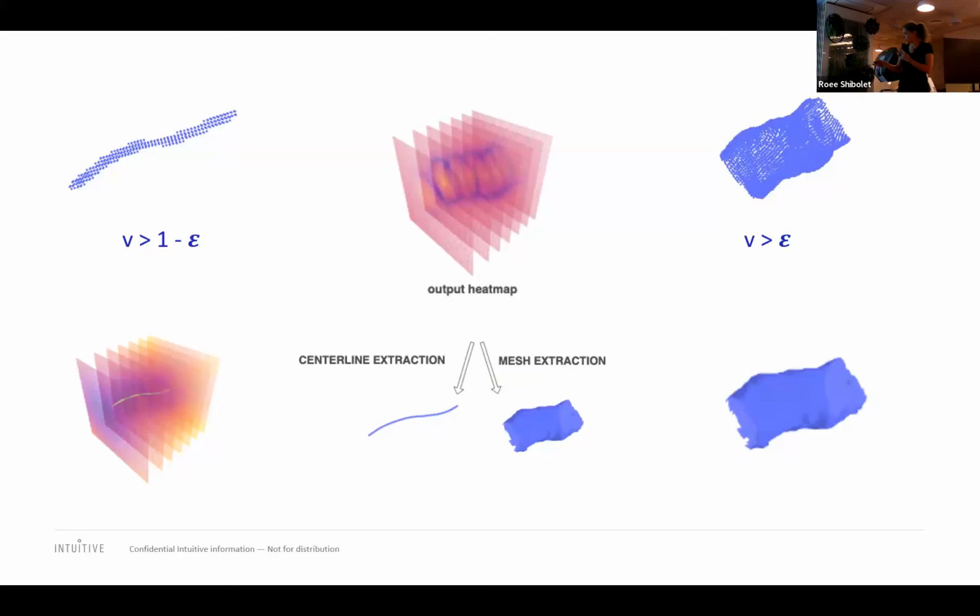So instead of simply using a threshold, we use this heat map as a speed map. The maximum speed would be at the position of the center line, and we simply look for the fastest path between one extremity and the other of the segment.